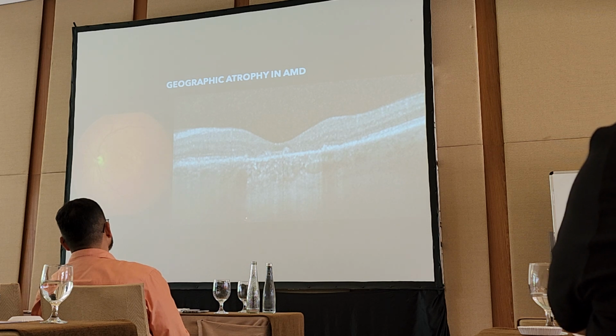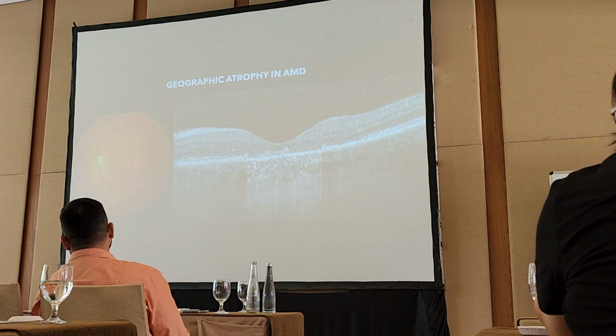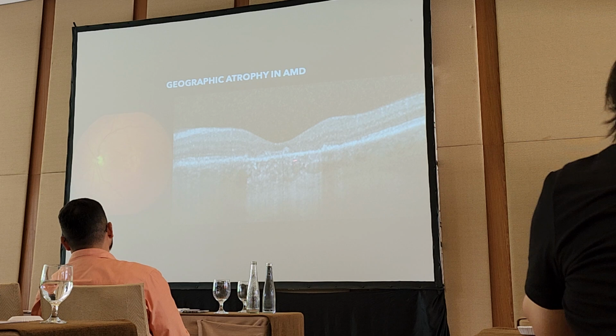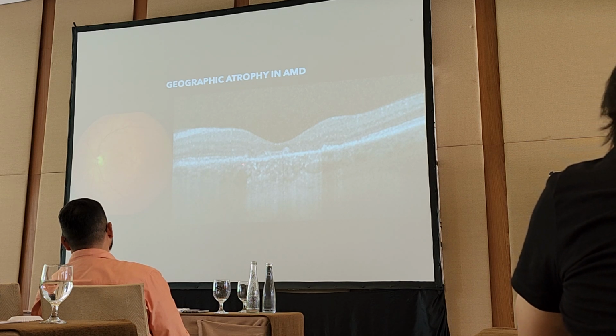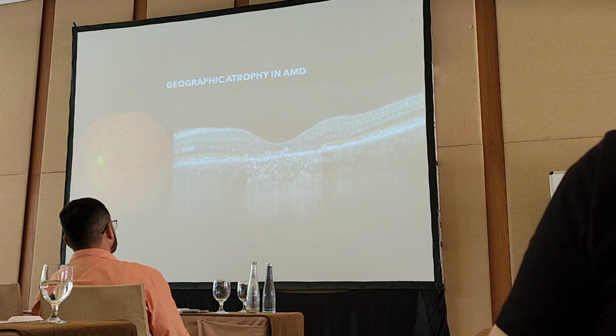And then you can see this hyperreflectivity, the shadowing over here, we call it increased transmission or reverse shadowing, which shows you that the RPE is non-functioning or barely there. Okay, see that the ELM over here, you can still see it, and then it abruptly ceased in the lesion of the geographic atrophy.